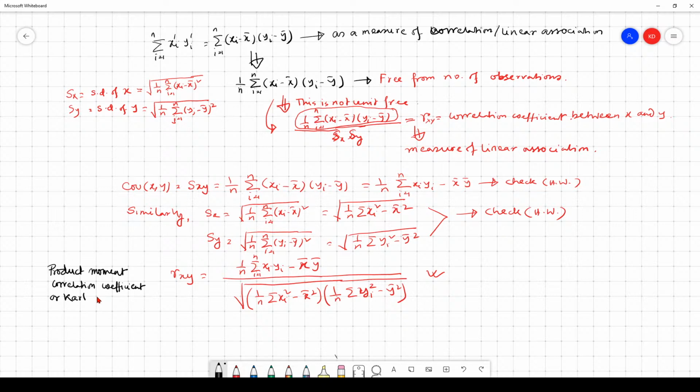So this is called the Karl Pearson correlation coefficient.